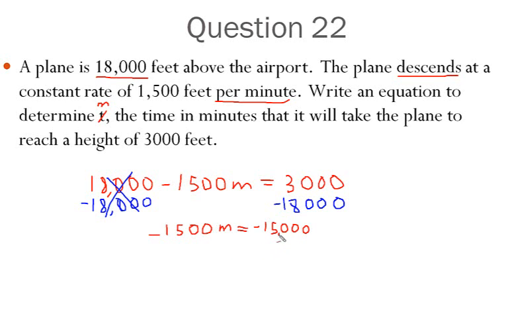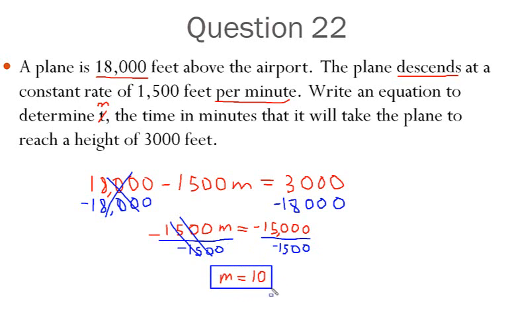Now the last step here is to divide by negative 1,500. That'll cancel this term out. I get left with m equals negative 15,000 divided by negative 1,500, which will give me 10. So our answer: it would take the plane 10 minutes to reach a height of 3,000 feet.